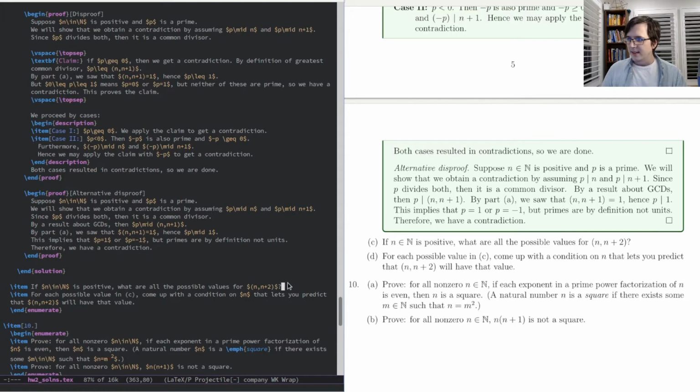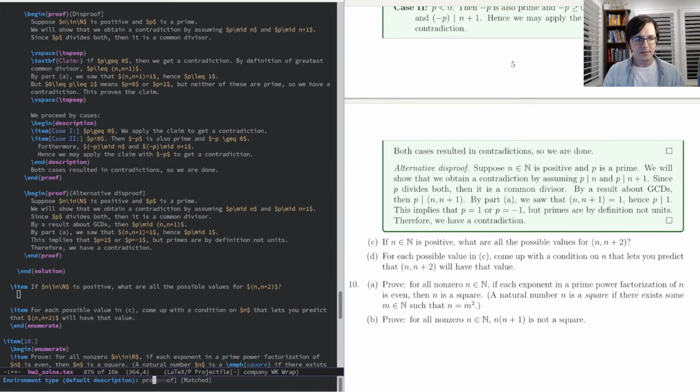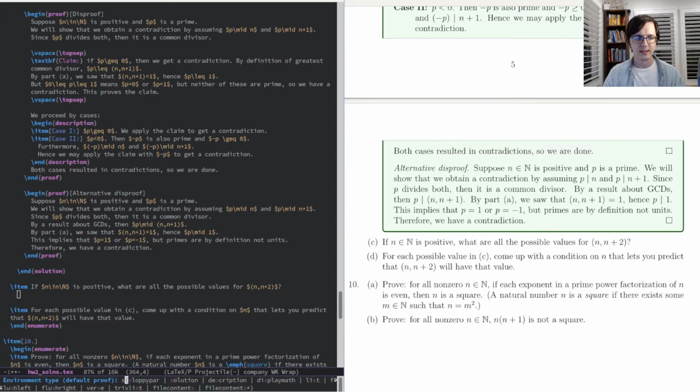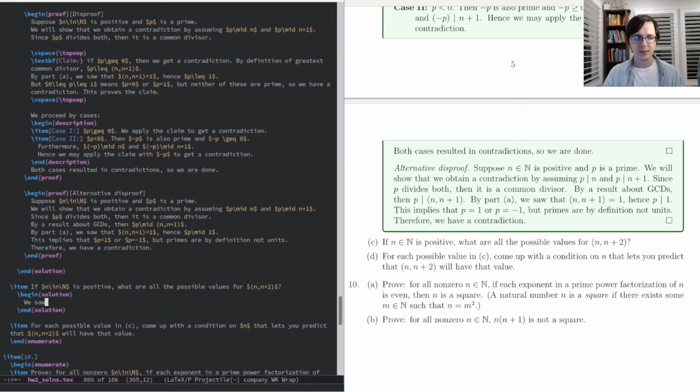Let's look at the next one. If n is positive, what are all the possible values for the GCD of n and n plus 2? So, it's not a proof. We saw before that the GCD of n and n plus 2 is equal to the GCD of n and n plus 2 minus n, which is the GCD of n and 2.